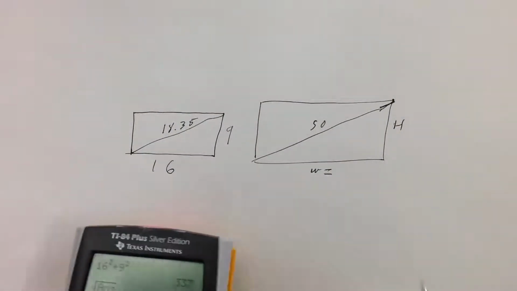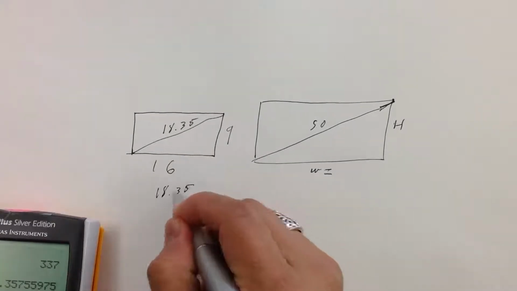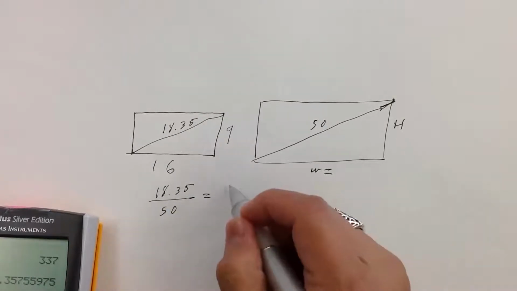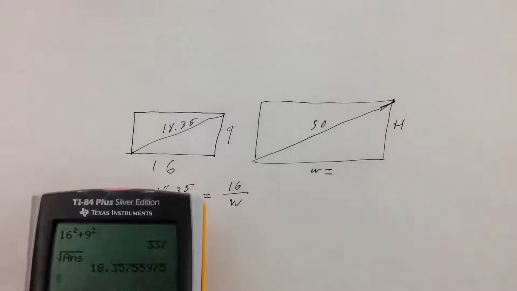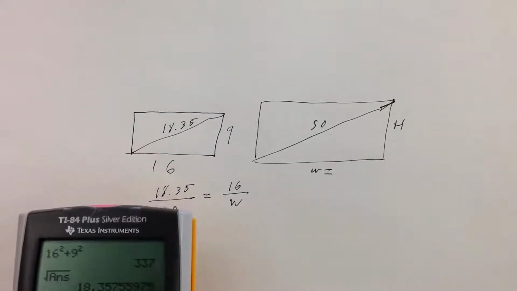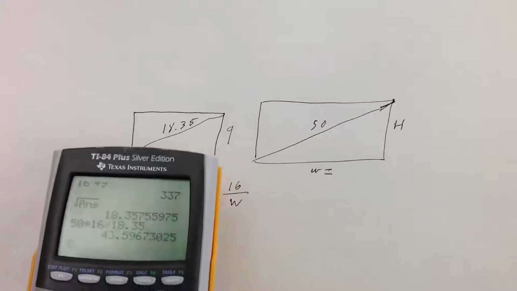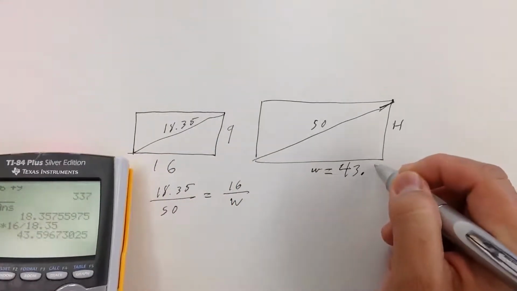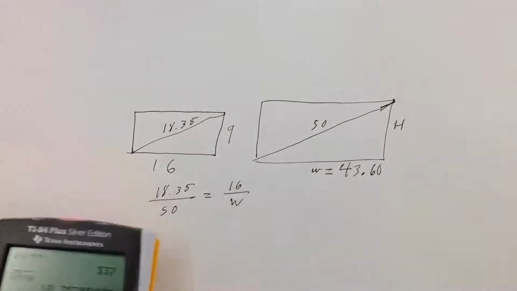So I'm going to set this up: 18.35 divided by 50 is equal to 16 divided by W. So cross multiply, divide. So 50 times 16 divided by 18.35 is 43.60.